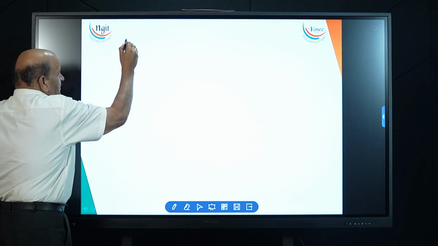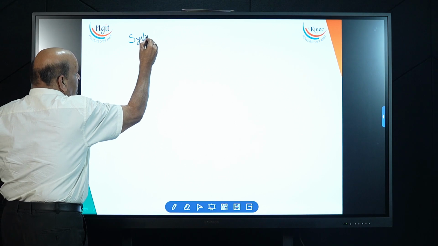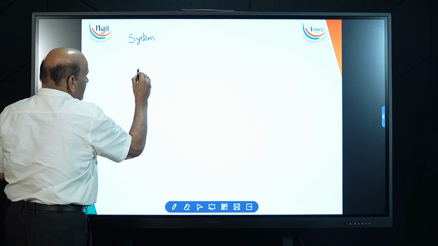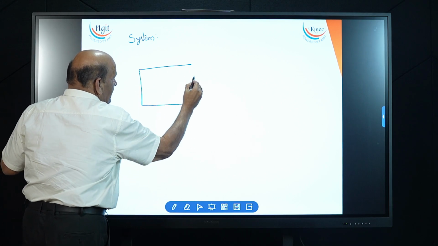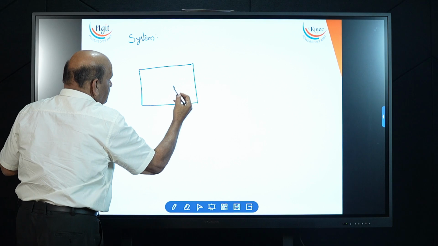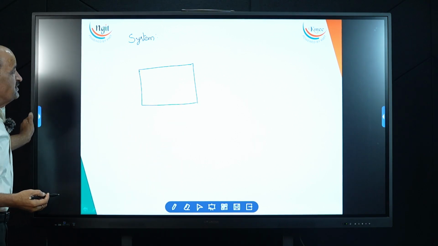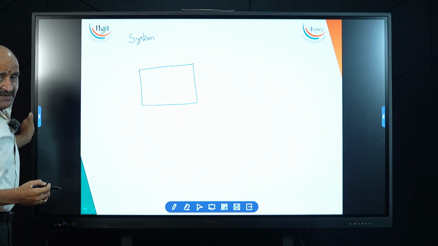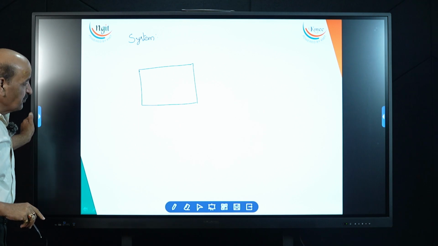Before going into systems, what is a system? A system contains a physical device. It may contain one or more physical devices which are interconnected to each other, or in the majority of cases may contain only one system.